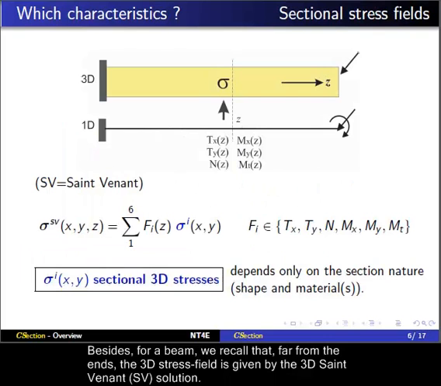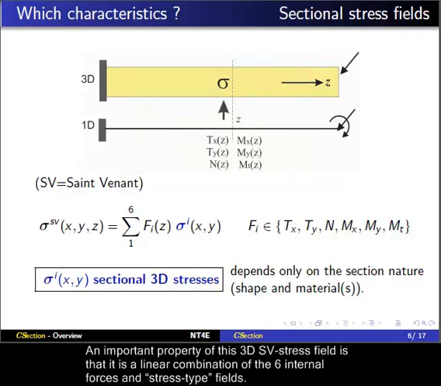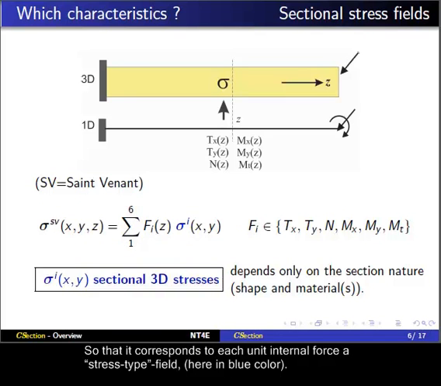Besides, for a beam, we recall that far from the ends, the 3D stress field is given by the 3D Saint-Venant solution. An important property of this 3D Saint-Venant stress field is that it is a linear combination of the 6 internal forces and stress type fields, so that it corresponds to each unit internal force a stress type field, here in blue color.